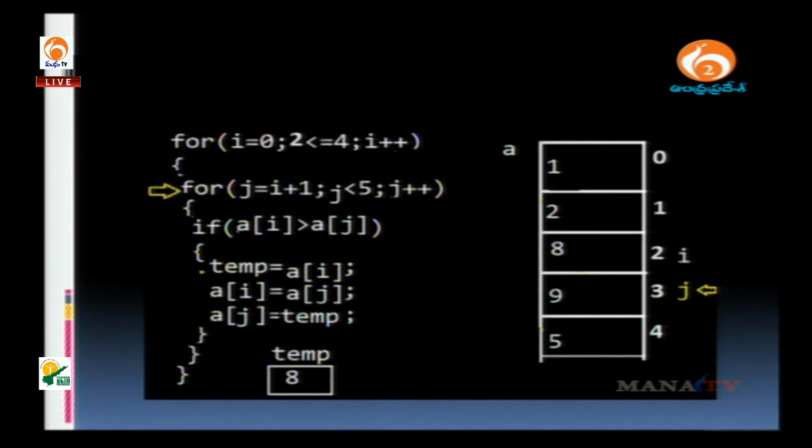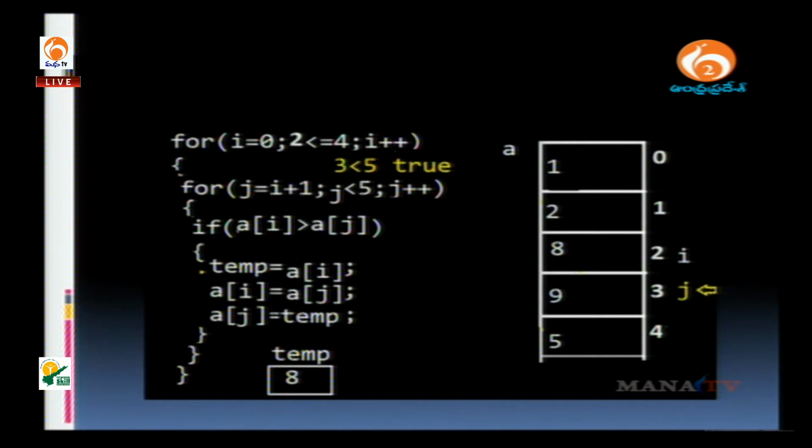Now check the condition: j less than 5. Here j is 3, and 3 is less than 5, where 5 is the size, which is true.